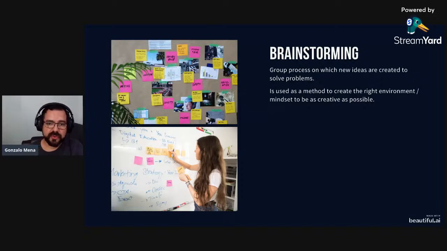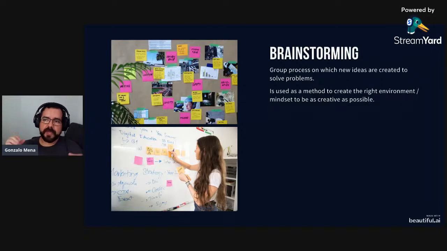What you're going to need for this brainstorming process is nothing more than a piece of paper. And if you have post-its like the ones you see in the picture, you can use them. If you don't, it's not a problem. You just write ideas on a piece of paper.